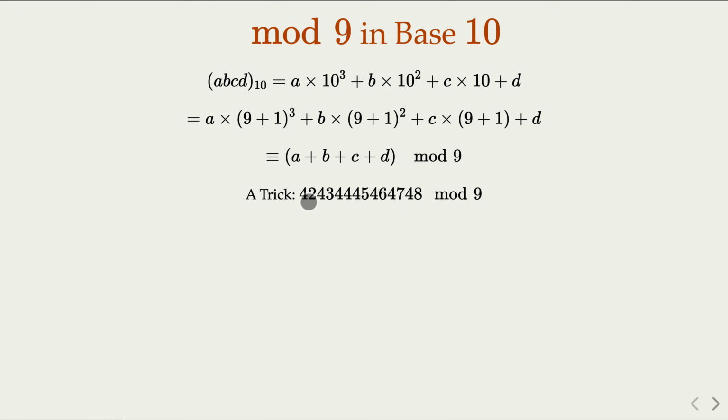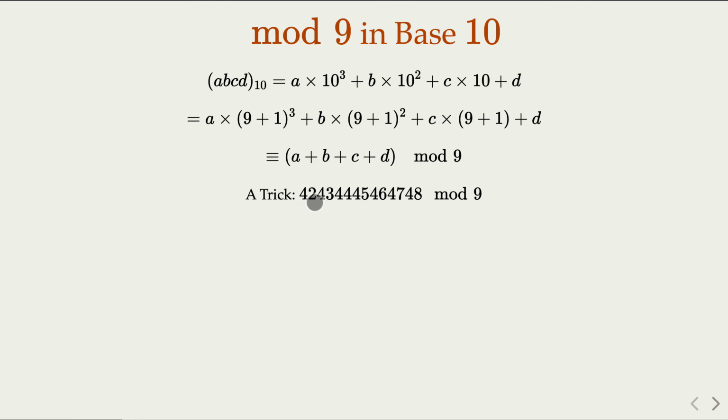Now another trick: if you want to see what is the remainder of this huge number mod 9, are you going to add the individual digits here? You could do that, but there's a quicker way in this case. Why? Because when you think about it, when you take 42 as a number, it may be faster for you.